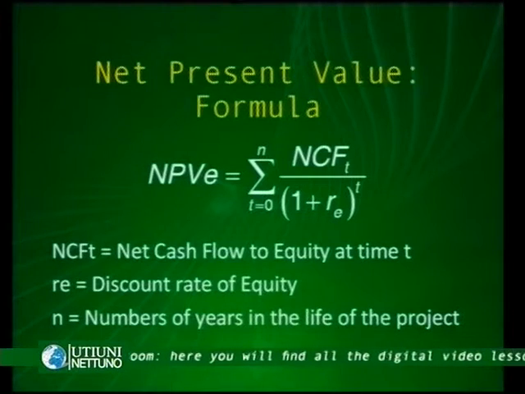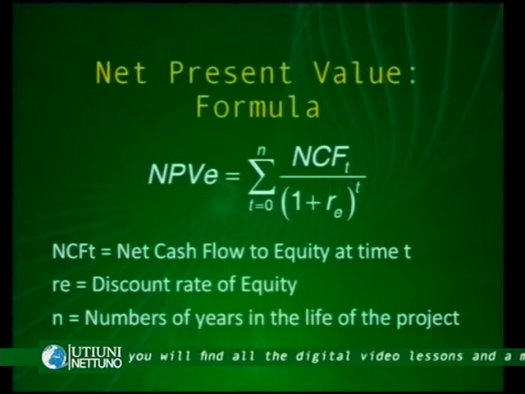And by the way, this is important because the cost of equity is typically higher than the cost of debt, because we have discussed that equity is a riskier type of investment as compared to debt. So RE will be typically higher than the weighted average cost of capital, and so this is the appropriate discount rate that we have to consider in the calculation of the net present value to equity.